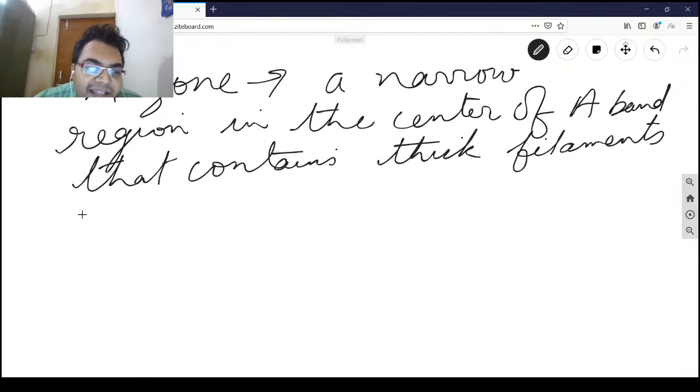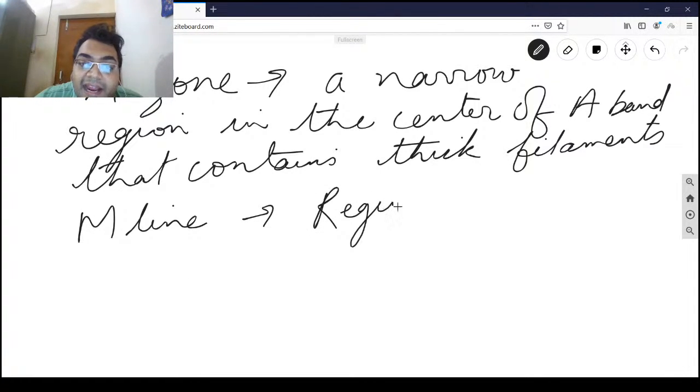Coming to the M line. The M line is the region in the center of the H zone.